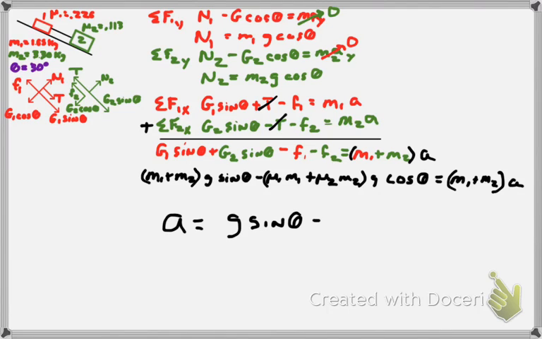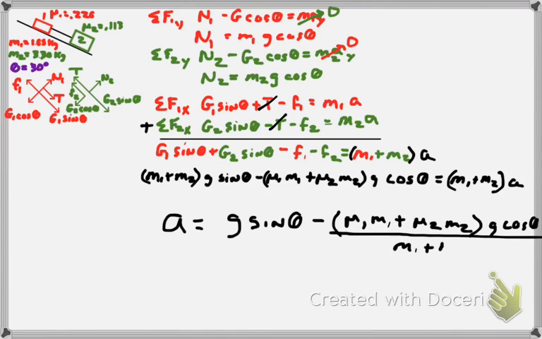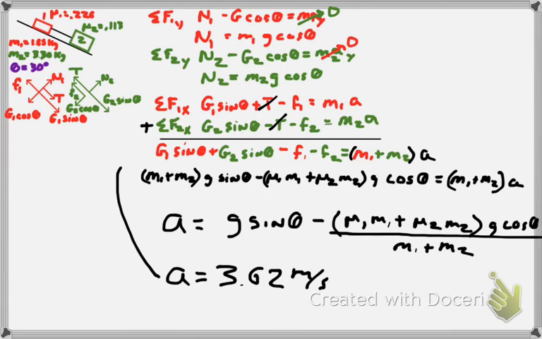So what we're going to get out of this is a equals g sine theta minus (coefficient of friction 1 m1 plus coefficient of friction 2 m2) g cosine theta divided by (m1 plus m2). That's a mouthful, isn't it? Solving for that, we get acceleration as 3.62 meters per second squared.